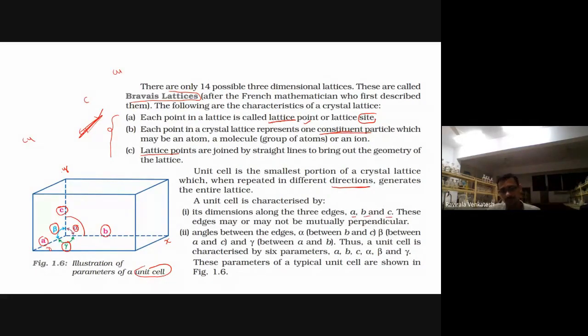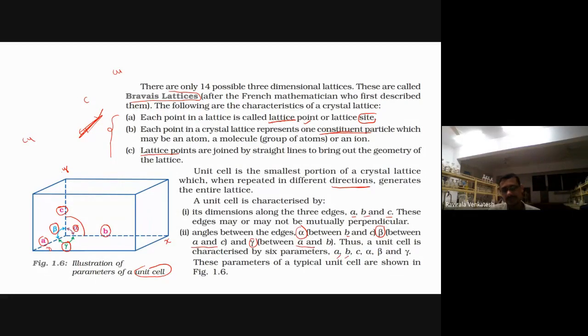The angle between B and C is called alpha. The angle between A and C is called beta. The angle between A and B is called gamma. So these are actually the 6 parameters we are discussing.